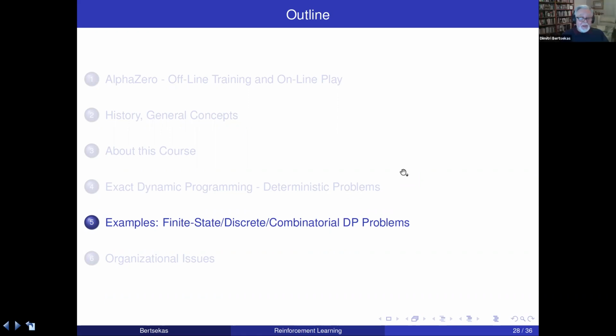Okay. Actually, we're going to go into a traveling salesman example in the next slide. What happens is that you can solve by dynamic programming within your lifetime, let's say, traveling salesman problems with small dimensions, small size.